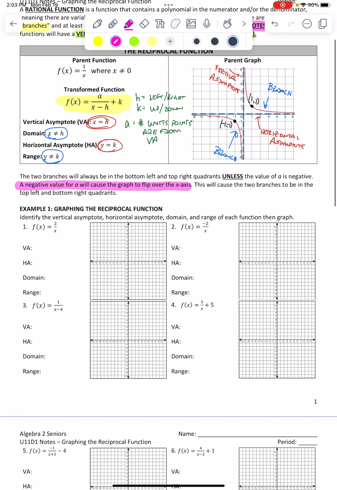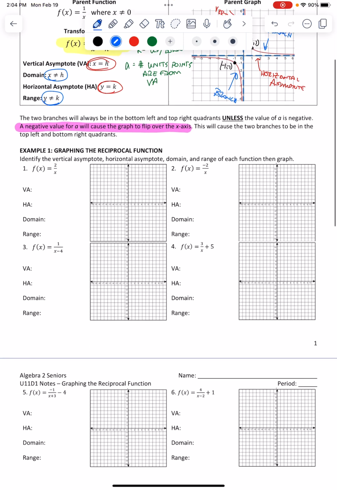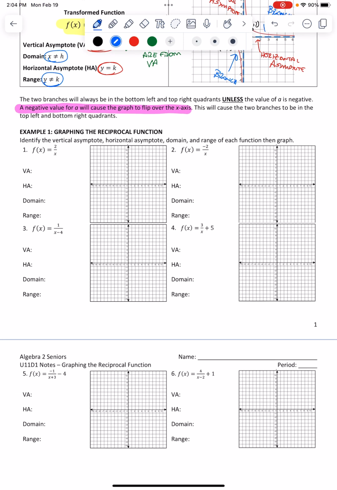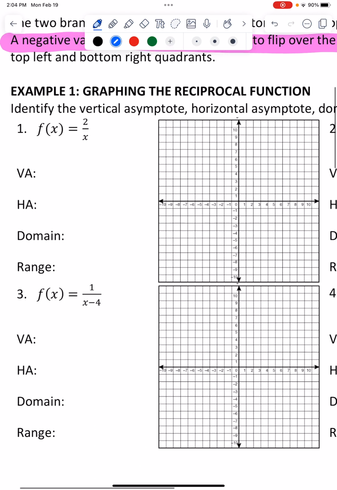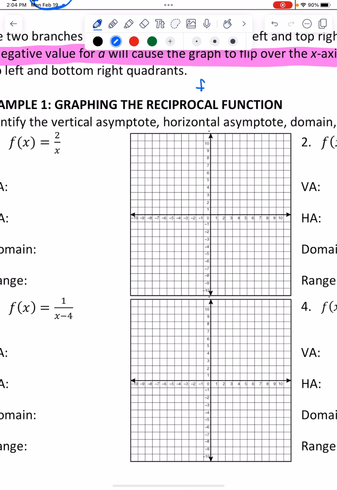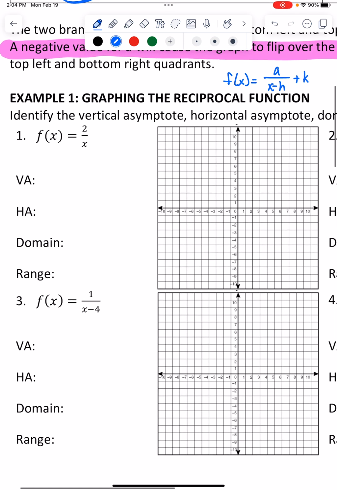Okay? So, first thing, in these examples, it says identify the vertical asymptote, horizontal asymptote, domain and range, and then graph. So if we look at these guys, remember we are dealing with functions that look like this: a over x minus h plus k. So if we look at what we have, 2 over x. First thing here, a is 2, right?